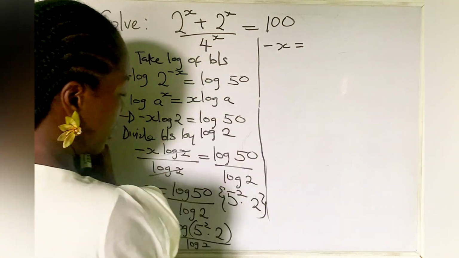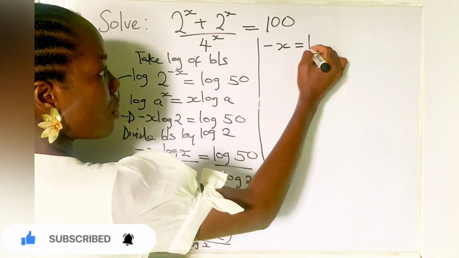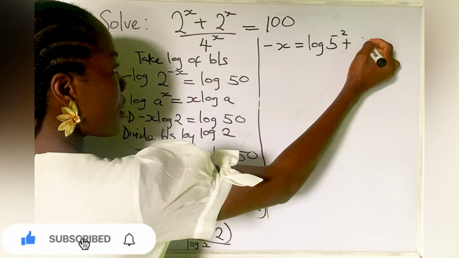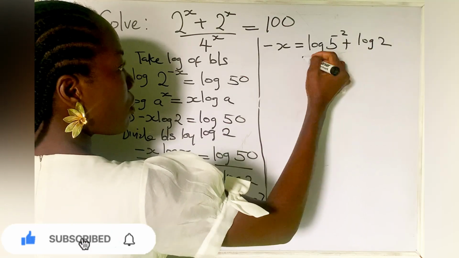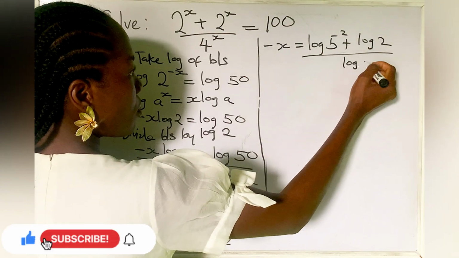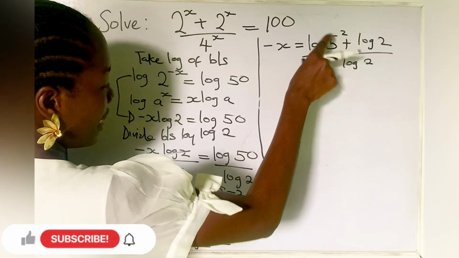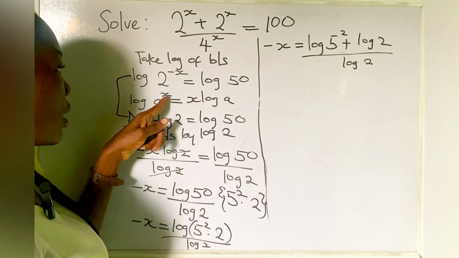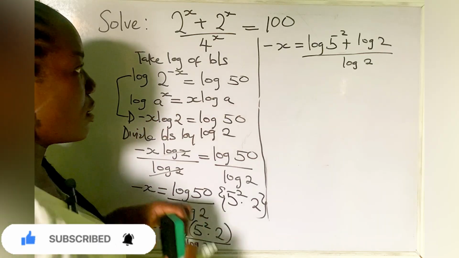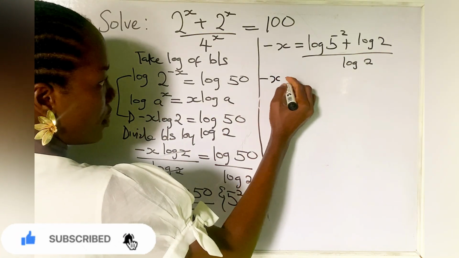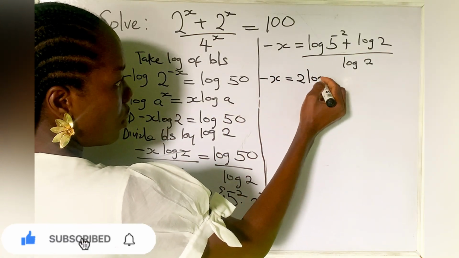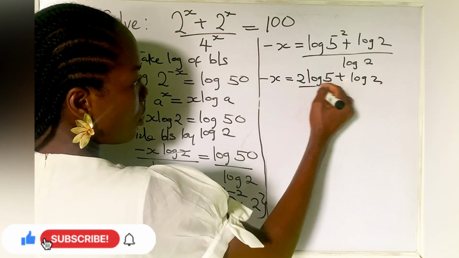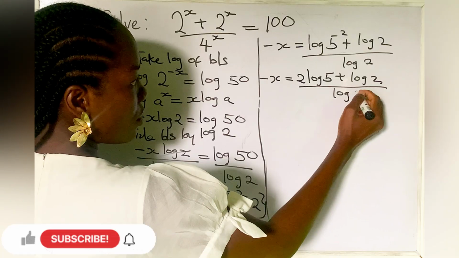Using this identity, minus x becomes log 5 squared plus log 2 over log 2. Now, I've said something about this earlier with the power, that when you have log a to the power of x, it is the same thing as x log a. So now here minus x is equal to 2 log 5 plus log 2 over log 2.